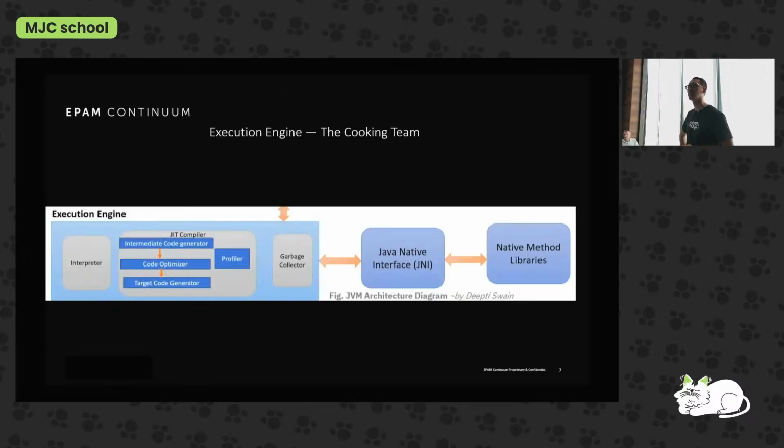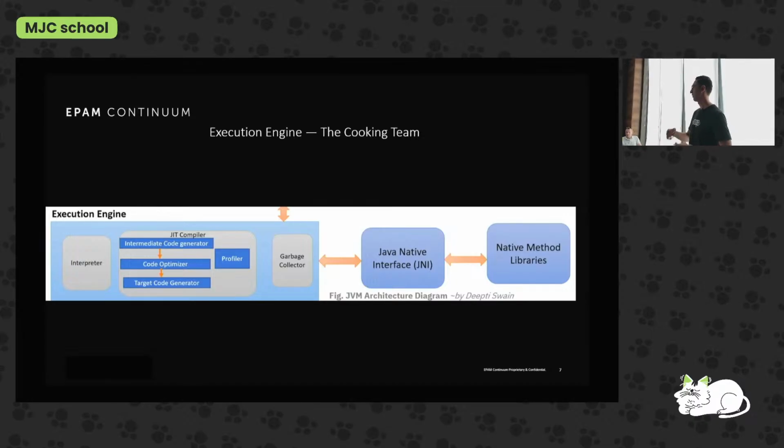Okay, so moving on to the execution engine. This is another one of the important parts of our JVM application, where the code is executed. Because if we create something, we need to execute it. We have the objects, we have the ingredients, we have everything.